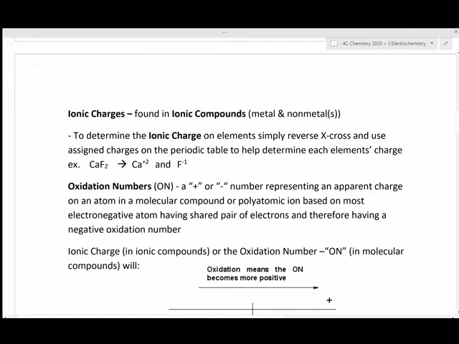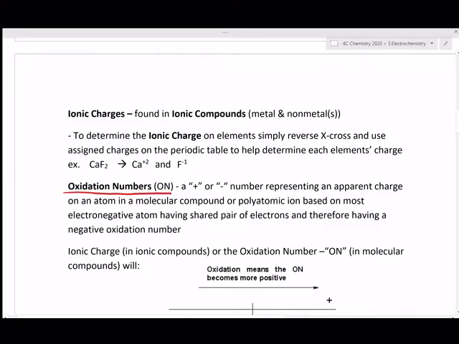Now, this works for ionic compounds, but there are lots and lots of molecular compounds with covalent bonds, and in that case, we're sharing electrons. When we're sharing, we certainly don't call it an ionic charge because we haven't lost or gained electrons to have a full-out charge. So we call it an oxidation number instead, and the short form is ON.